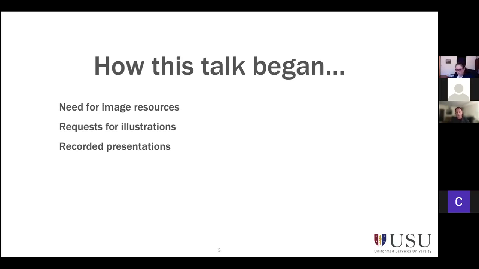So instead of telling people to go back to Google and the same resources and find copyrighted images that they're just going to populate their presentations with again, we thought that we'd provide you with image resources that are more like open source images or have multiple use rights, so that you can put these into your presentations without any sort of copyright restrictions.